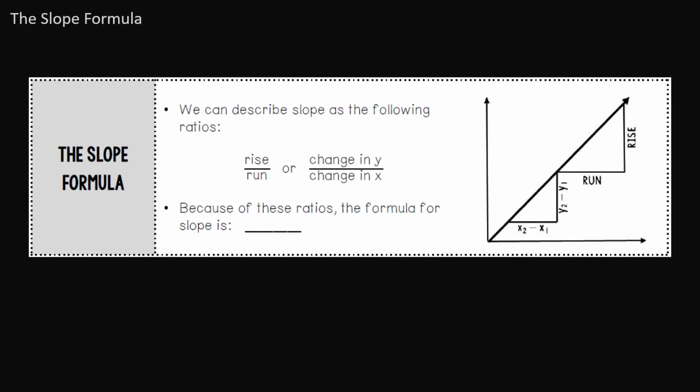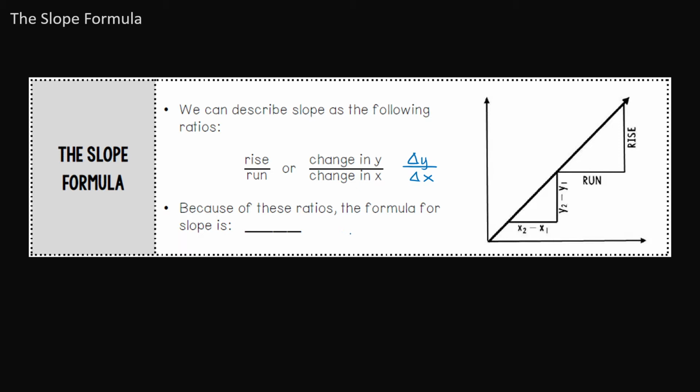And here's where the slope formula comes in for us. We know that slope can be described as the following ratios: rise over run, or change in y over change in x. We've also seen it this way: delta y over delta x. Just means change in y over change in x.